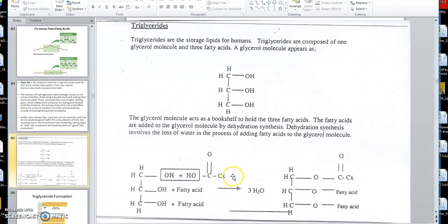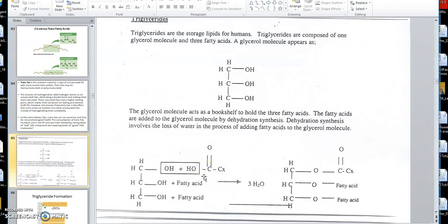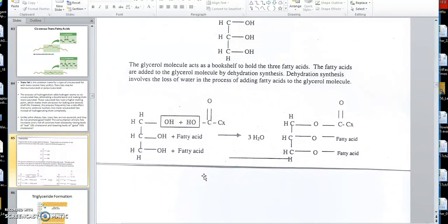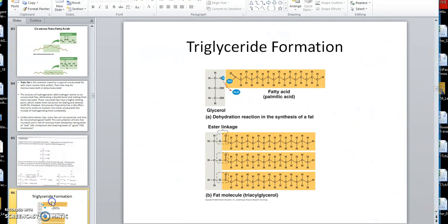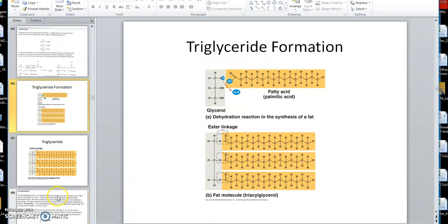N-E-U-T-R-A-L. Why? Because you've taken the acid part off and neutralized it. So that's what we call a triglyceride. And you can see that again here. These are triglycerides. That's the way you store.